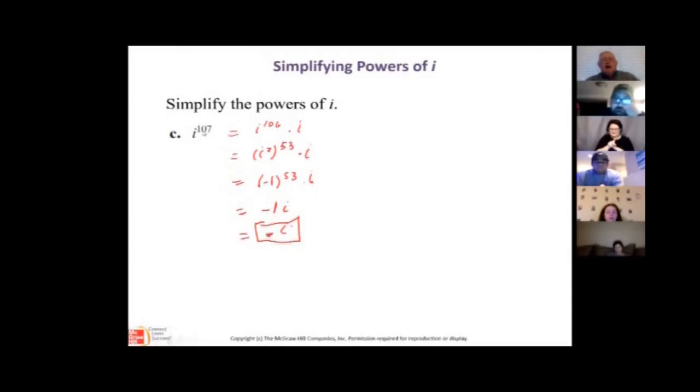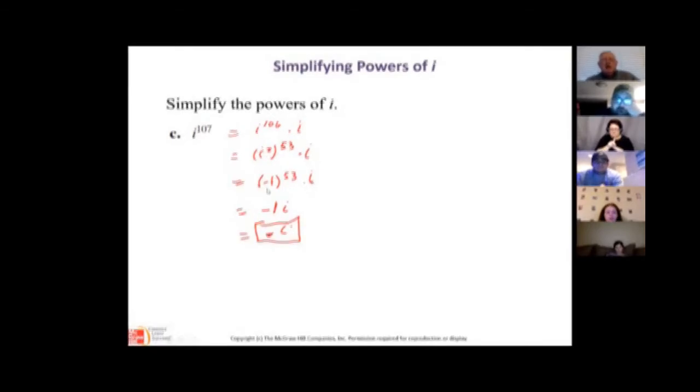We've got an odd power of i. So we have to break it down into the highest even power times i to the 1st. Now, 106 divided by 2 is 53. So this becomes i to the 2nd to the 53rd power. We just bring this one down.